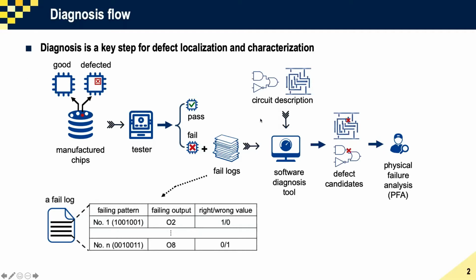And the fail logs, together with the circuit description, are then sent to a software diagnosis tool. The tool then outputs a list of defect candidates with respect to certain locations within the chip. And then PFA can be applied to inspect the potential defect locations for further analysis.